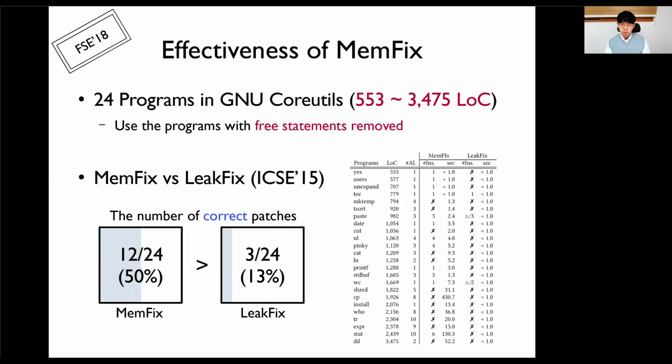The lines of code MemFix handled ranged from about 500 to 35,000 lines of code.